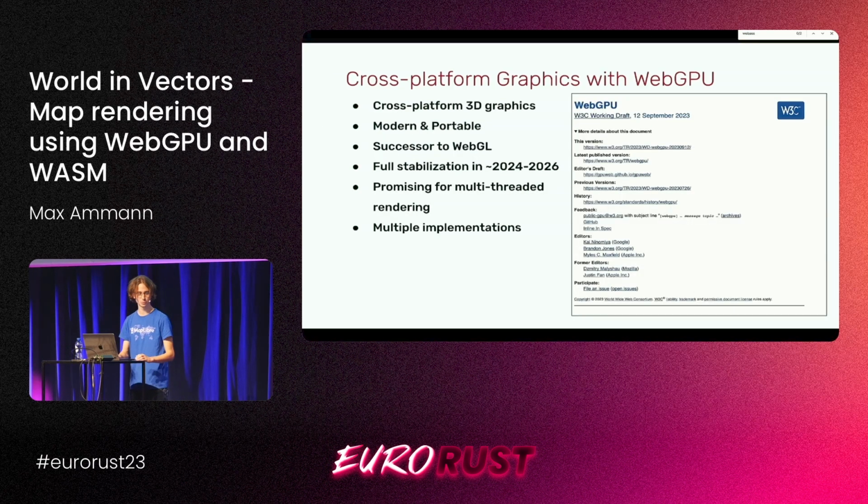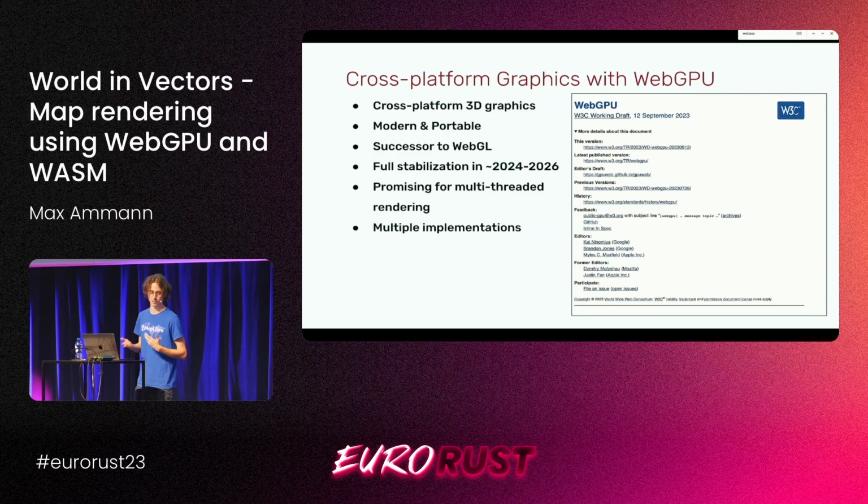There is this new, fancy and very cool technology called WebGPU. Has anyone heard about that? Okay, everybody, nice, so I don't have to talk much about it. A cool fact is that it's stable in Chrome since a few months, so you can use it. It's still a draft from a spec perspective, so you have to expect it to change. But you can already use it in the latest Chrome version on some operating systems.